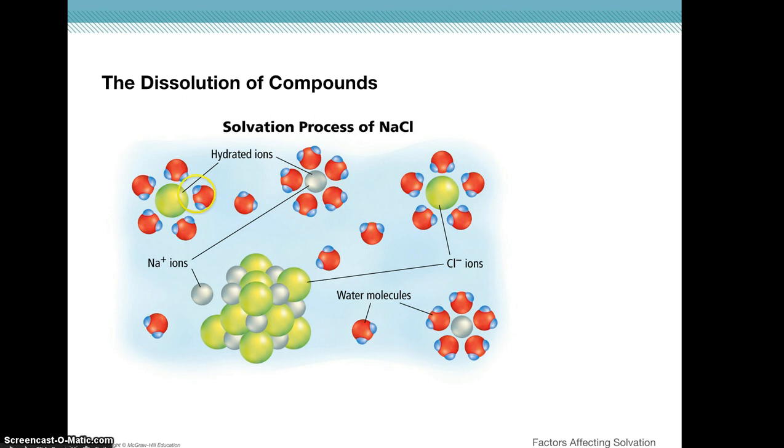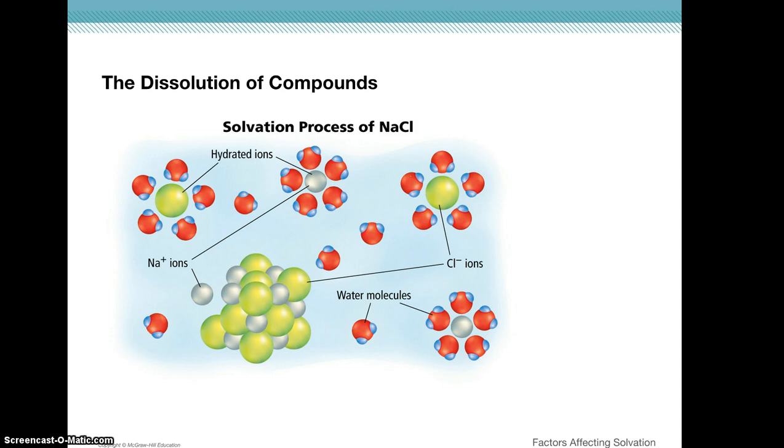Now, on the chloride ion, the hydrogen side of the water is attracted because the chloride is negative, the hydrogens are slightly positive. On the sodium ion, the oxygen side of the water is what is attracted because the oxygens are slightly negative, the sodium is positive, so we're seeing that attraction. And each of these ions gets surrounded by water molecules.